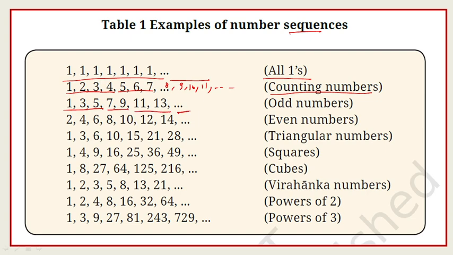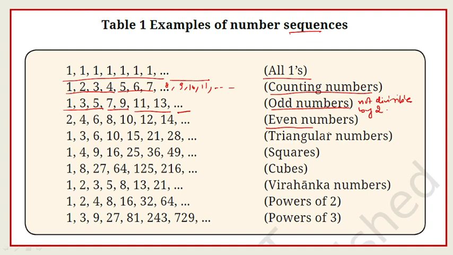Coming to the next one: 1, 3, 5, 7, 9, 11, 13. These are numbers which are not divisible by 2. Odd numbers are those numbers which are not divisible by 2. Now which are even numbers?